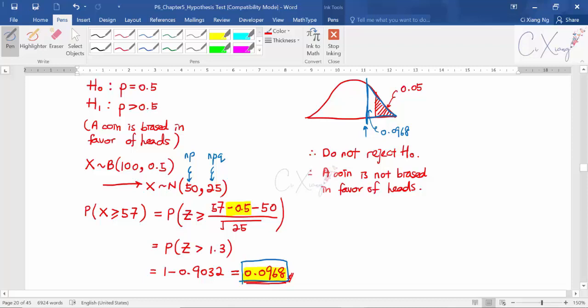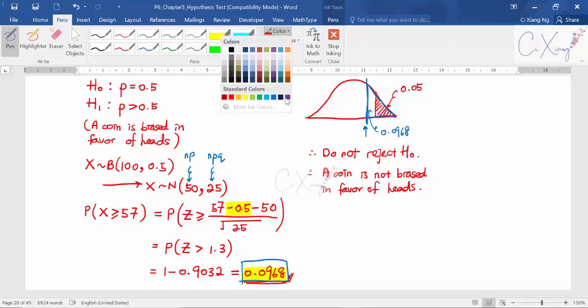Just that in the graph, instead of drawing a bar, I change it to the normal bell-shaped curve, because I already changed my distribution to normal. All right, so that's the proper way. So this is a complete test for binomial changed to normal distribution. But you can still see that we are testing the population proportion here.